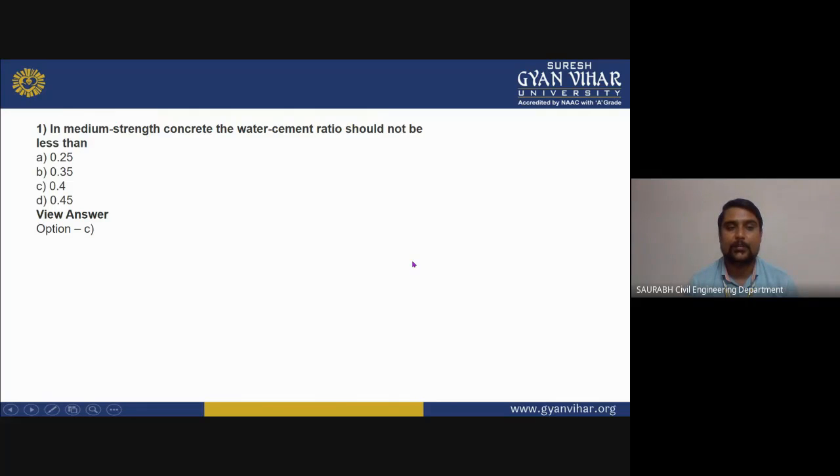And the right answer will be C, 0.4. It means for medium strength concrete the water cement ratio should be not less than 0.4. If you use less water in the concrete, then your concrete cannot be mixed easily. That's why we need to keep the minimum water cement ratio at 0.4.